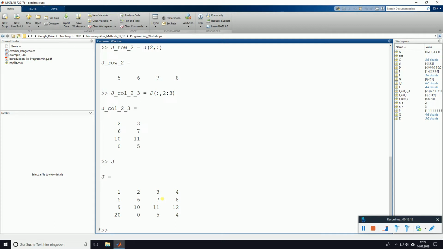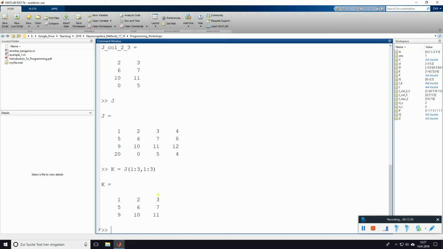For example, if we want the submatrix corresponding to the first 3 rows and first 3 columns, we would write 1, 2, 3 for rows and 1, 2, 3 for columns, and get them returned.